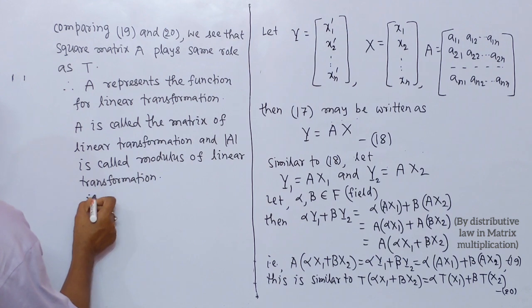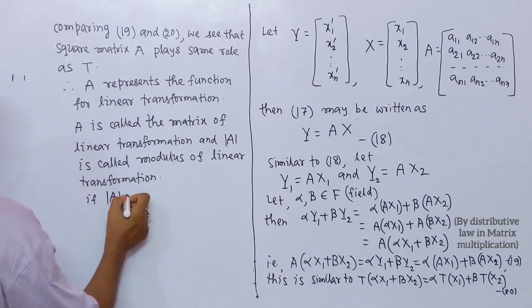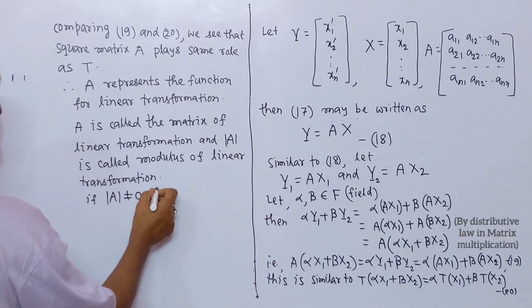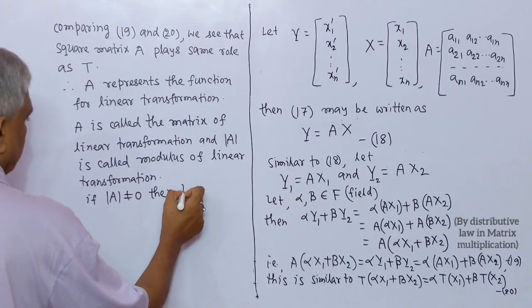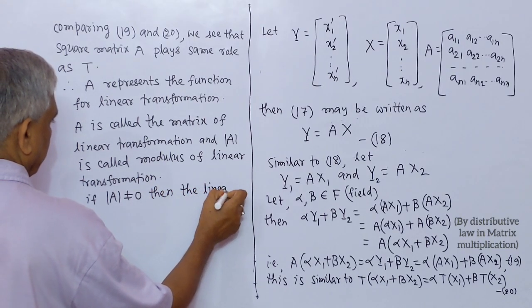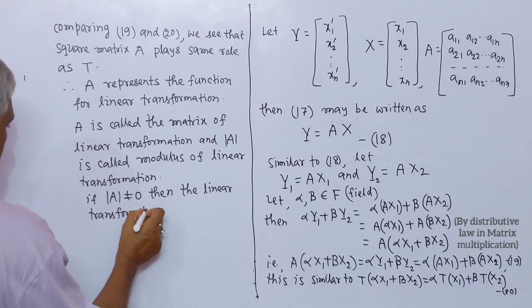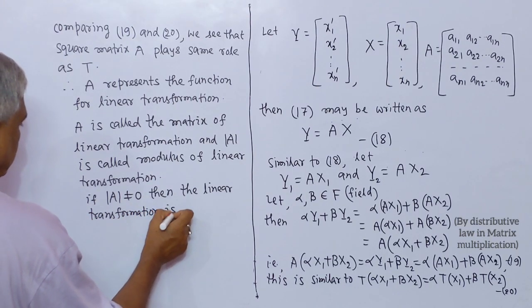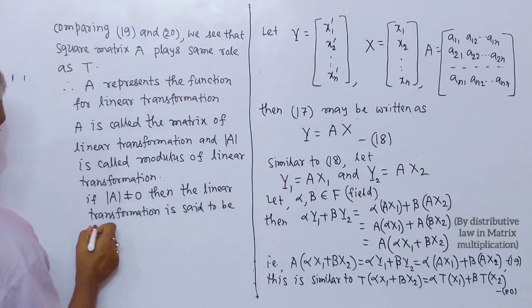If determinant of A not equal to 0, then the linear transformation is said to be non-singular.